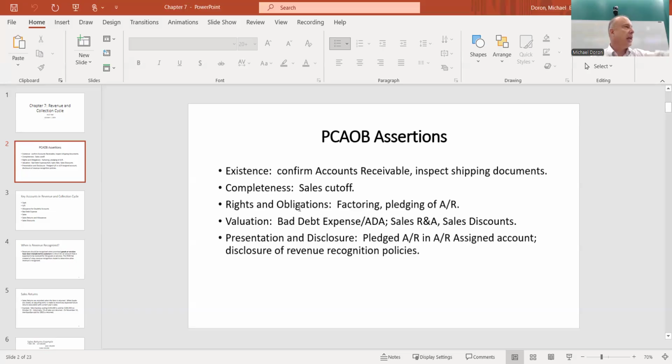Okay, and then pledging, like you said, when you use accounts receivable as collateral for a loan. So that's relevant to the auditor. If these accounts receivable have been pledged as collateral for a loan, maybe they can't be used to pay any other debts. They're strictly to pay back this loan.